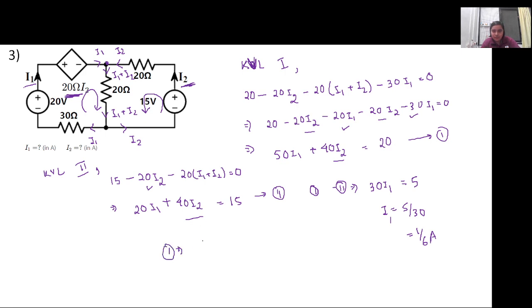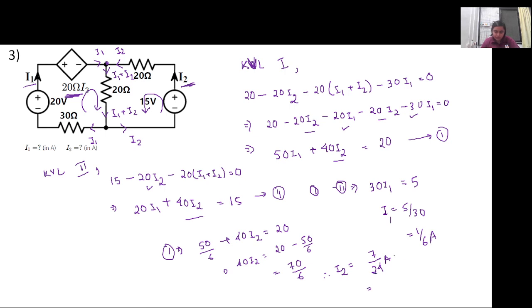So it is 50 by 6 plus 40 I2 is equal to 20. So 40 I2 will be 20 minus 50 by 6, which is 70 by 6. So I2 is equal to 7 by 24.